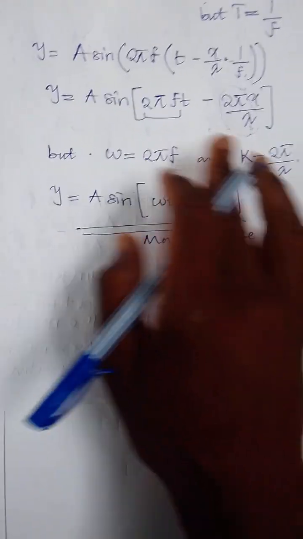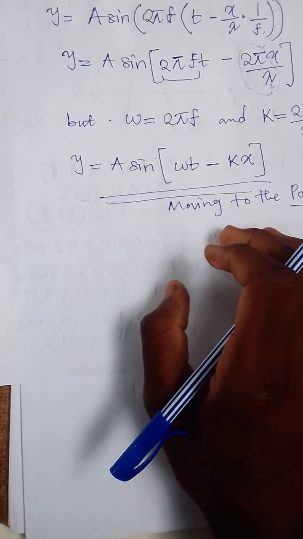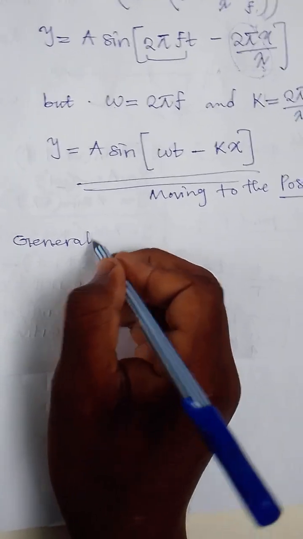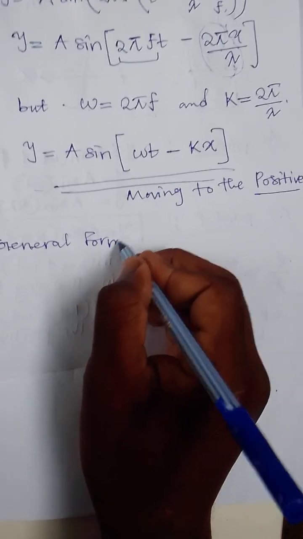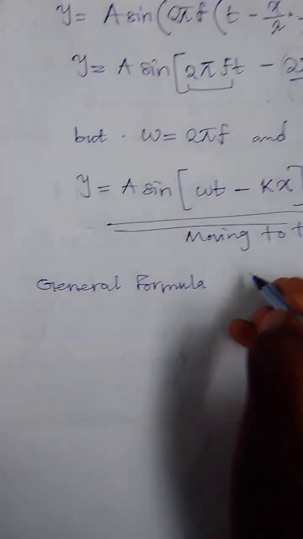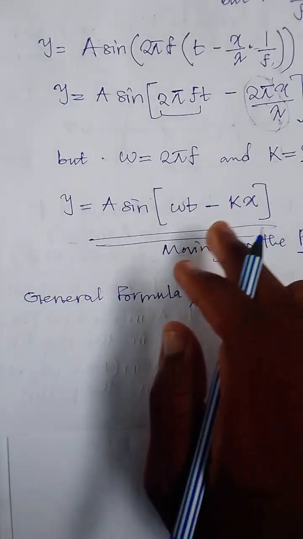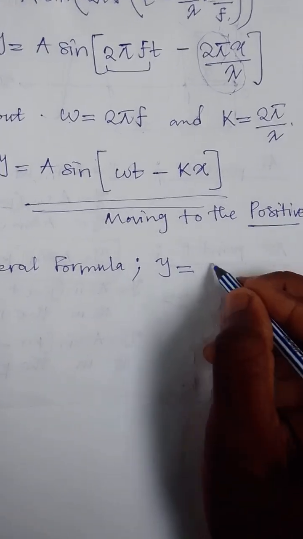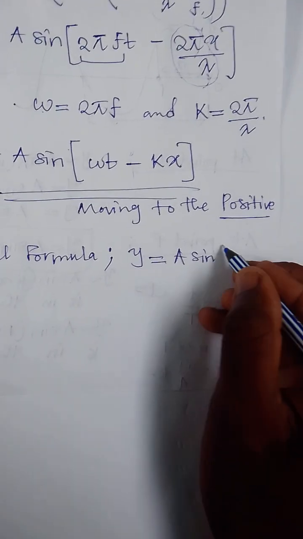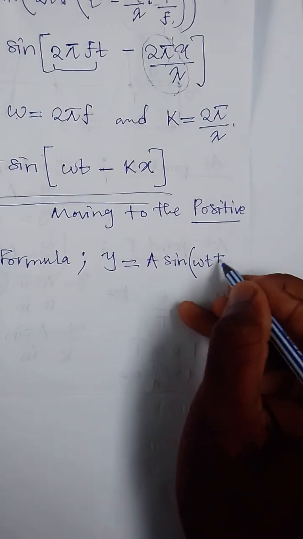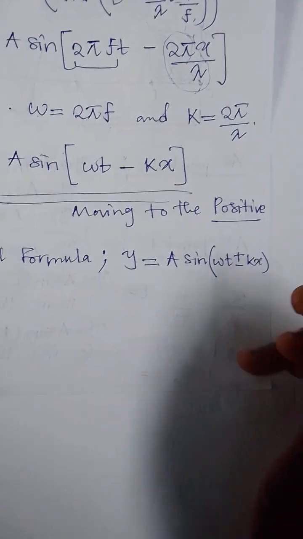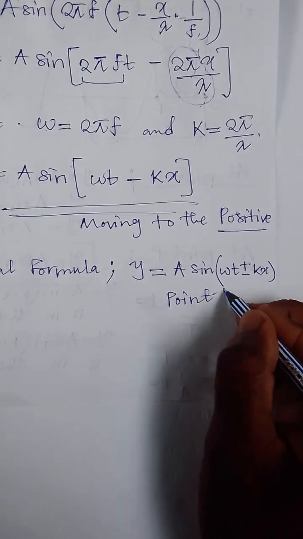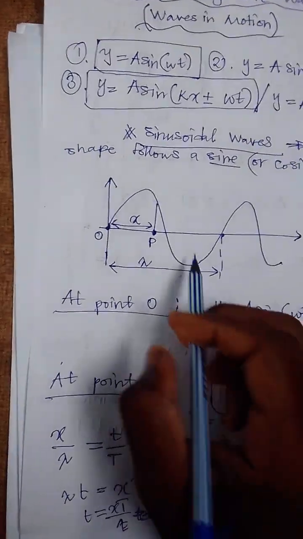Now the same formula is the general formula. It's this same formula, but I'll put plus or minus in between. y is equal to a sine wt plus or minus kx. So this is the formula for a point P here, this point.